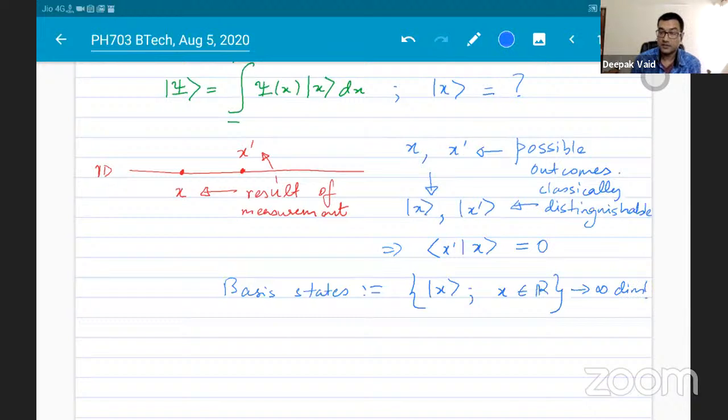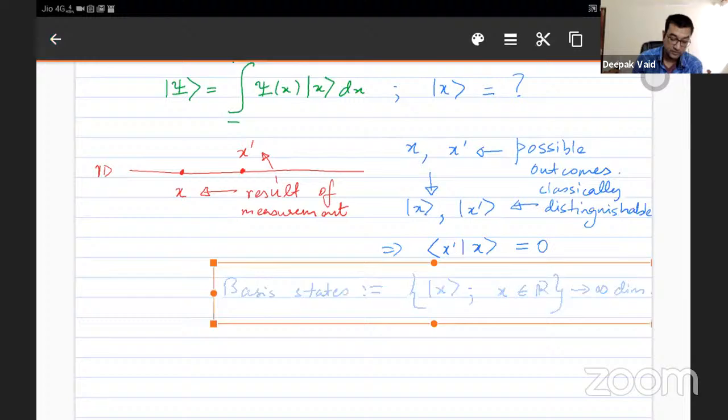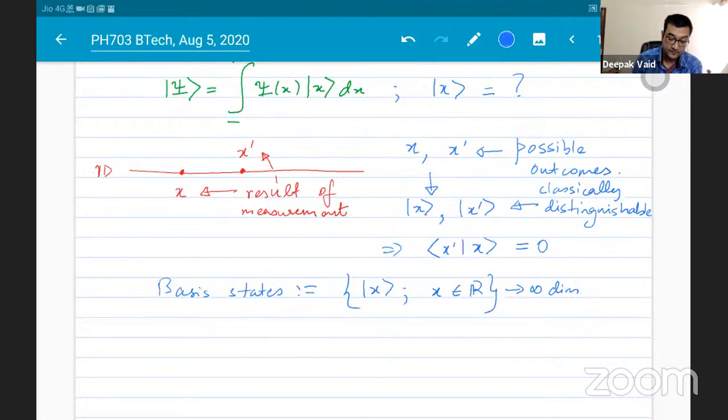Why? Because the dimensionality is the number of basis vectors of your state space, right? And since there is an infinite number of points on the real line, this is also infinite dimensional.